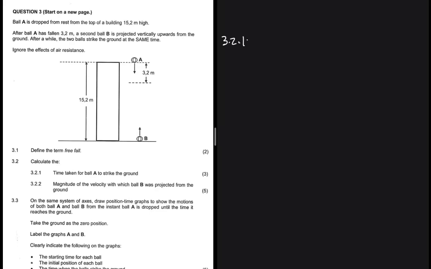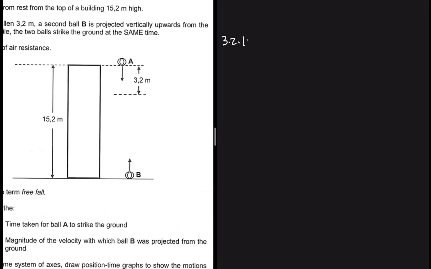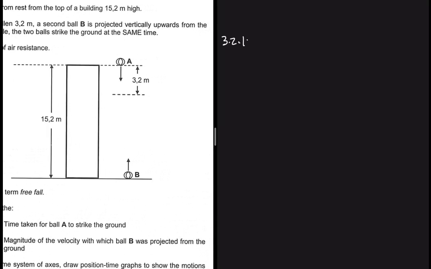3.2.1. So the question is saying let's calculate the time taken for ball A to strike the ground. So let's look at ball A here. It is released from a height of 15.2 meters above the ground. When it is released, we know fully well that Vi is equal to 0 meters per second.